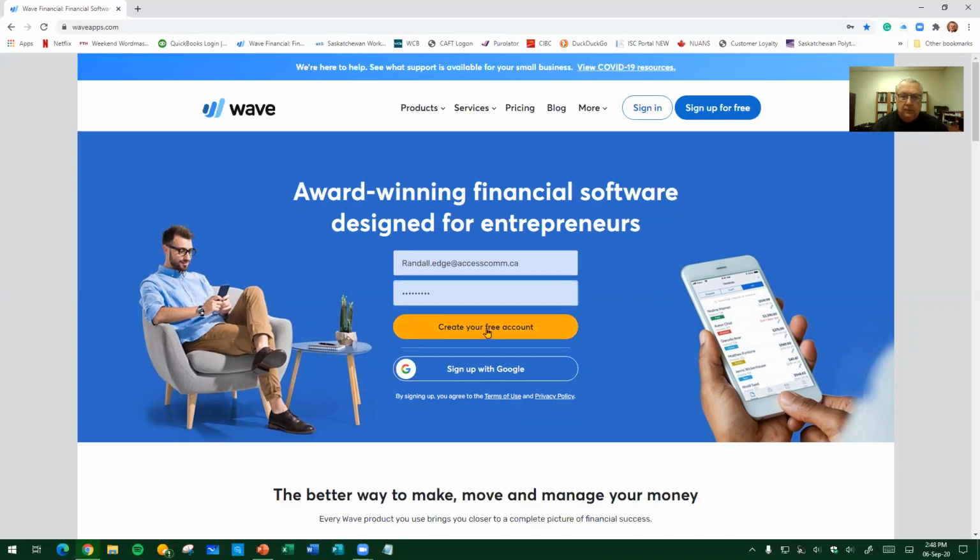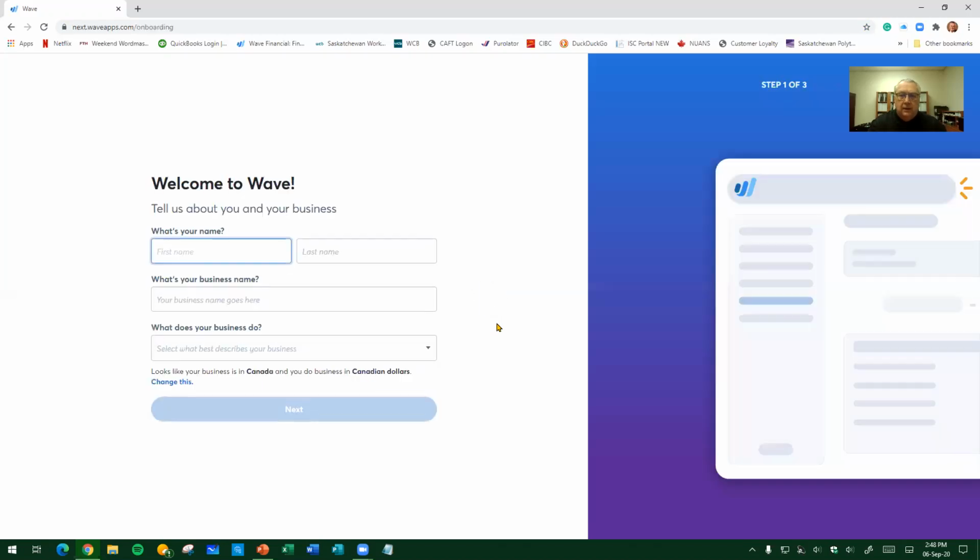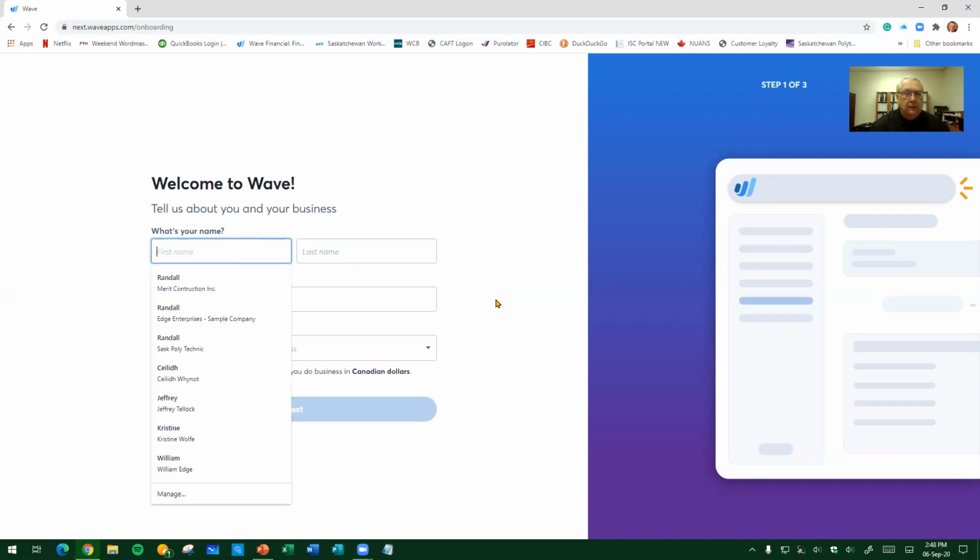Create a free account. Now, Wave Accounting doesn't charge for the use of the software, but it does if you want to activate the payroll service. There is a charge for that.